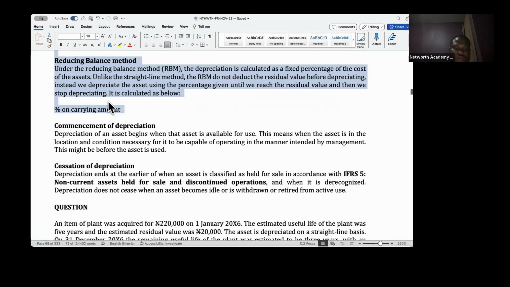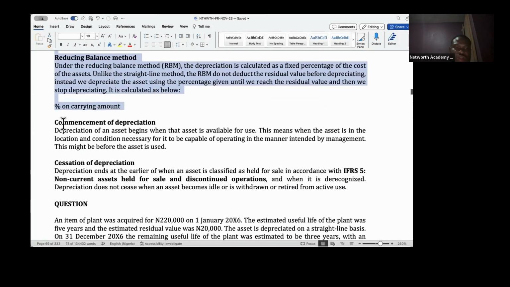Finally, before we solve few questions, when does depreciation start? So depreciation starts when the asset is available for use. You start depreciation then, and depreciation would stop when you have sold the assets or when you have reclassified the asset as held for sale.